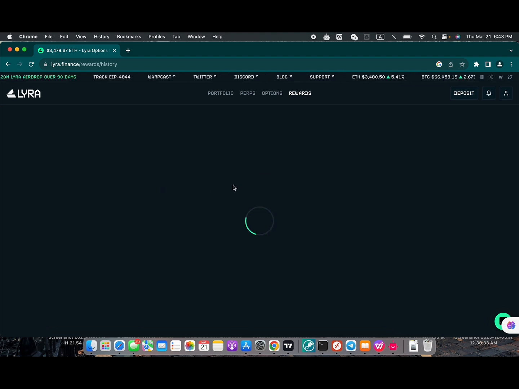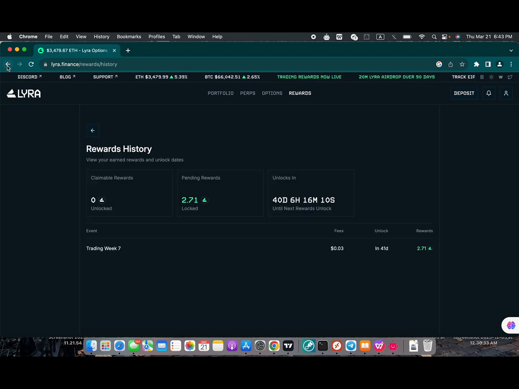Let's see how much rewards we'll get. Okay, if it's not going, I don't want to waste our time. So I have this reward, and 1 Lyra should be about, I don't know, 5 cents.